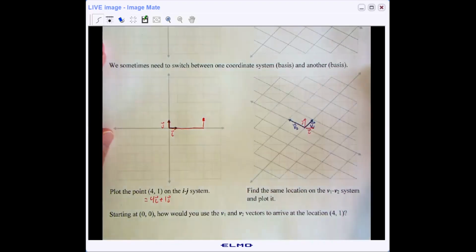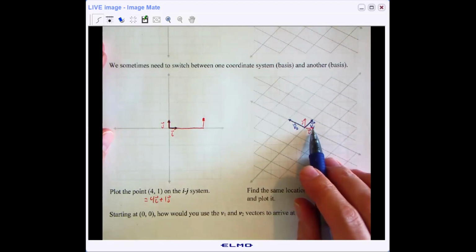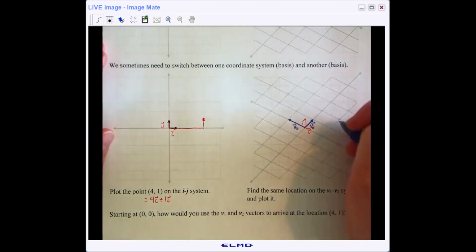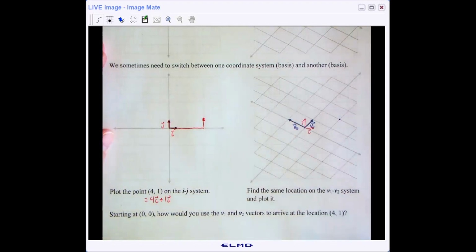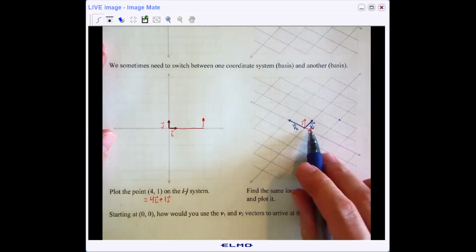Now, how could I locate that same position in the V1, V2 system? Because I superimposed the grids, I'm going to go 1, 2, 3, 4, and then up 1 if we were in IJ. But I only get to use the blue vectors.